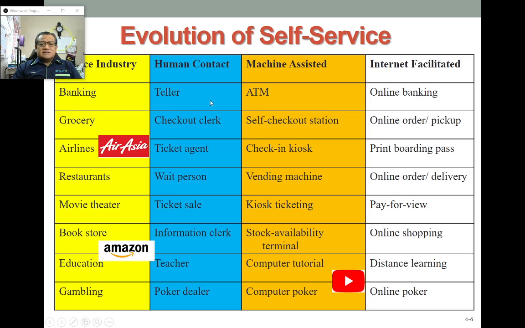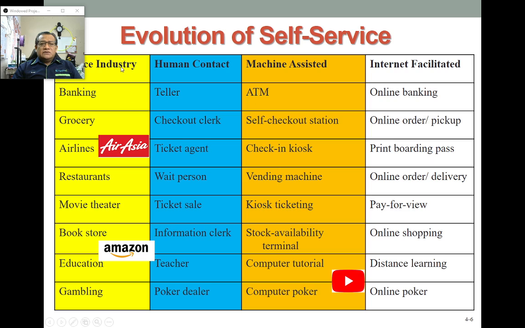Or if it is machine-assisted, the customer can deal directly with machines, the automated teller machine or CDM, cash deposit machine. Or the customer could deal with technology based on the internet, which is online banking. So they could go to the website, do the transaction, check the balance, make payment, transfer, and so on.